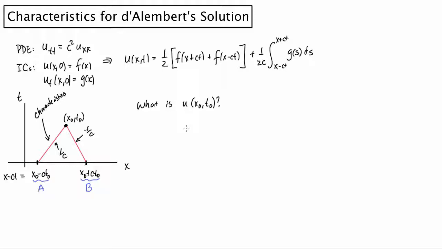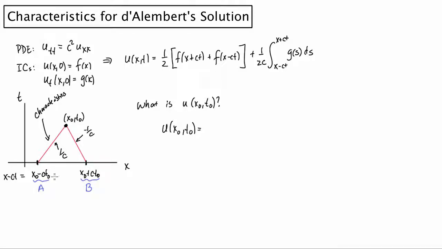Well, I could just plug x0 and t0 into D'Alembert's equation. And if I did that, what would I see? Well, I would see that u of x0, t0 equals, just looking at the first part here, f of x0 plus ct0 and f of x0 minus ct0.